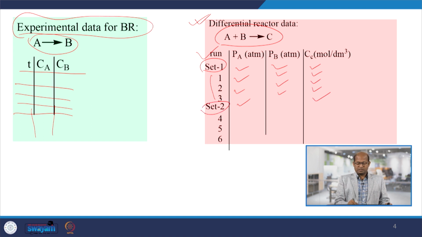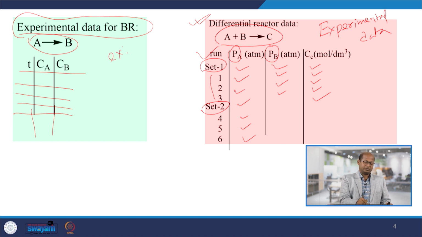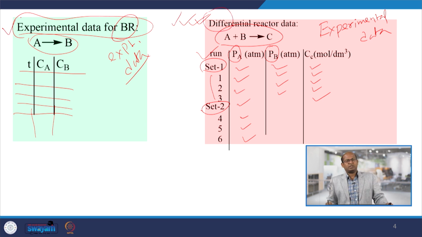Similarly, another set of data, set 1, set 2, set 3, set 4, by changing the partial pressure of A and the partial pressure of B. That way we can get a number of data sets. That is the experimental data. This is for the batch reactor, this is for the differential reactor. This is for homogeneous reactions and this is for heterogeneous reactions.